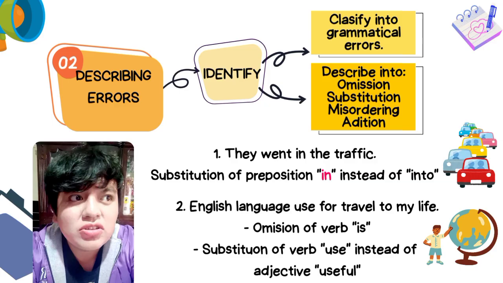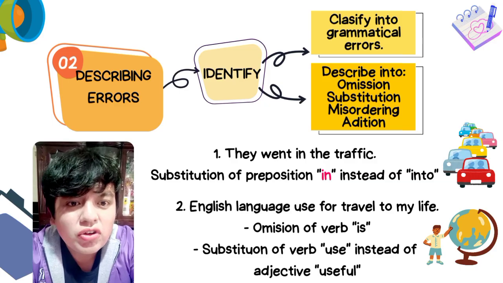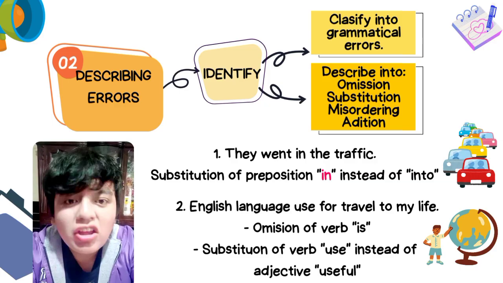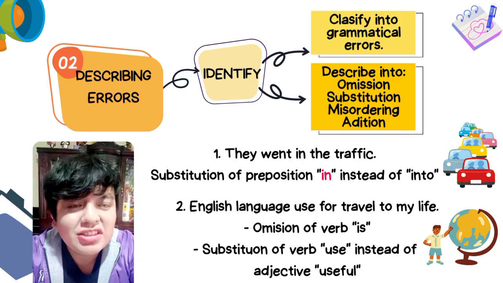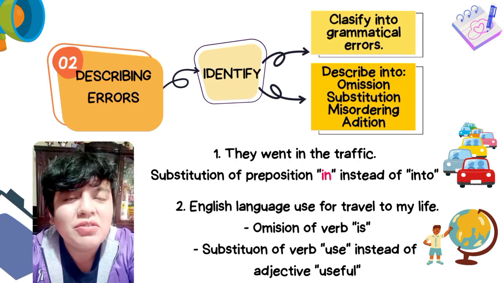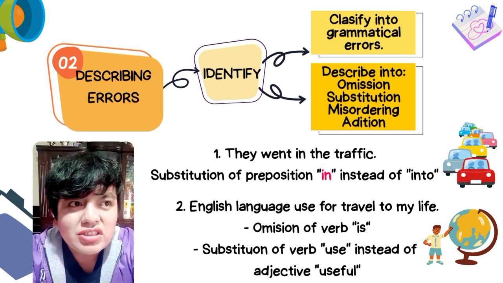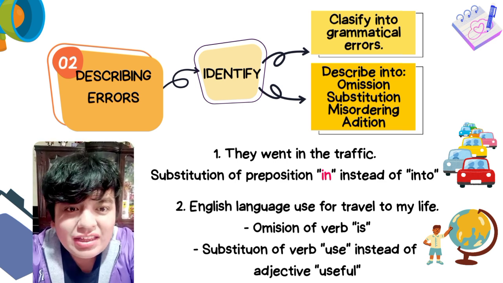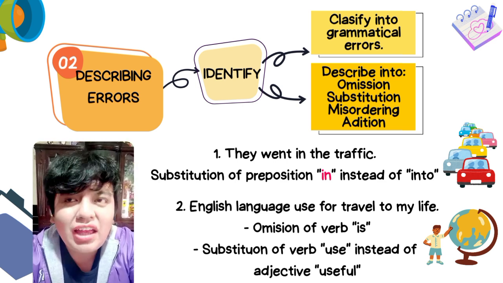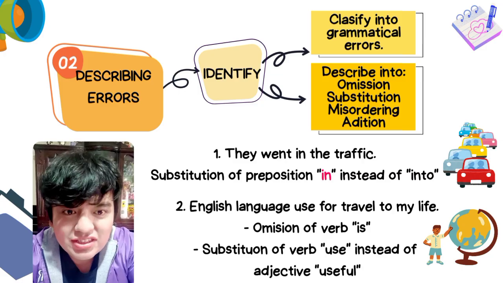Substitution is when you substitute an item for another. Omission is when you omit a necessary item. Misordering is when you distort the order of the words in a sentence. And addition is when you add an item that is not necessary in the sentence.